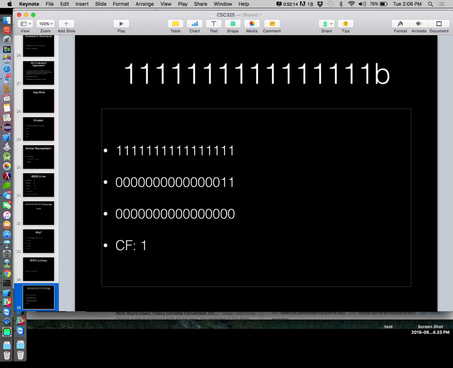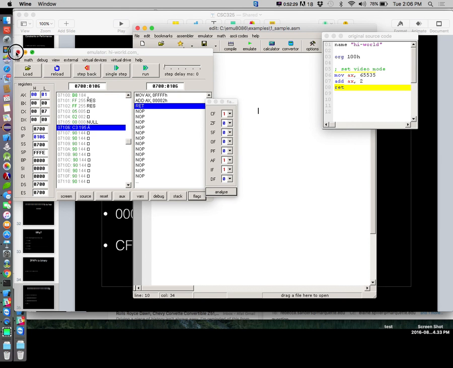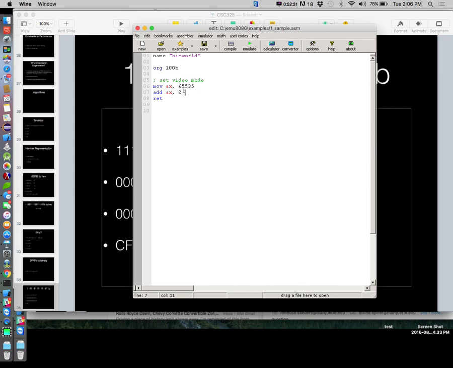You carry the 1. That's 1, carry the 1. Carry, carry, carry. So this is actually the value 2, not the value 1. So we add 3 to it. Same thing, 65,535 plus 3 is 65,538.